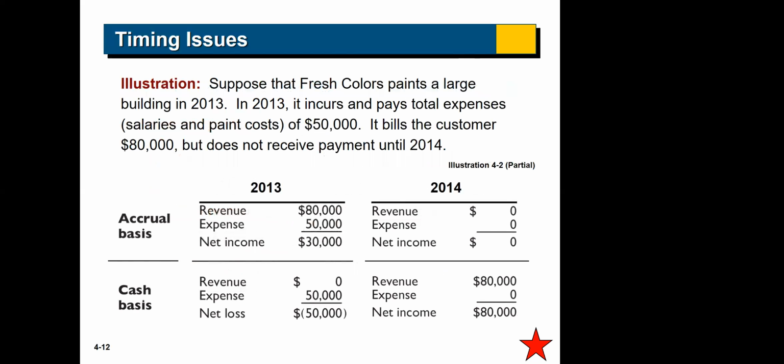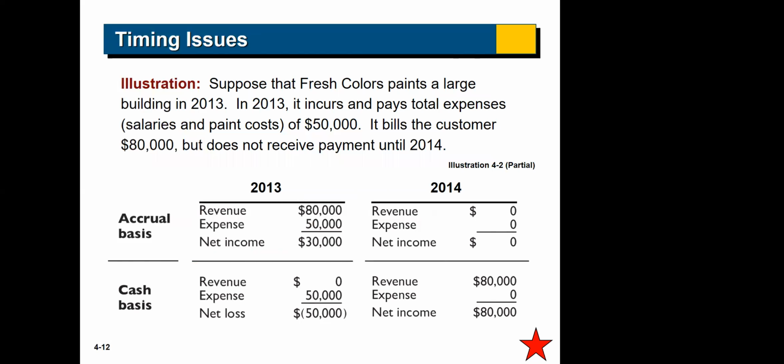It bills the customer $80,000, but does not receive payment until 2014. If they did it on a cash basis, in 2013 they got no money, right? Nobody paid them anything. But they had $50,000 they had to pay out. So they're showing a net loss of $50,000 on a cash basis in 2013.